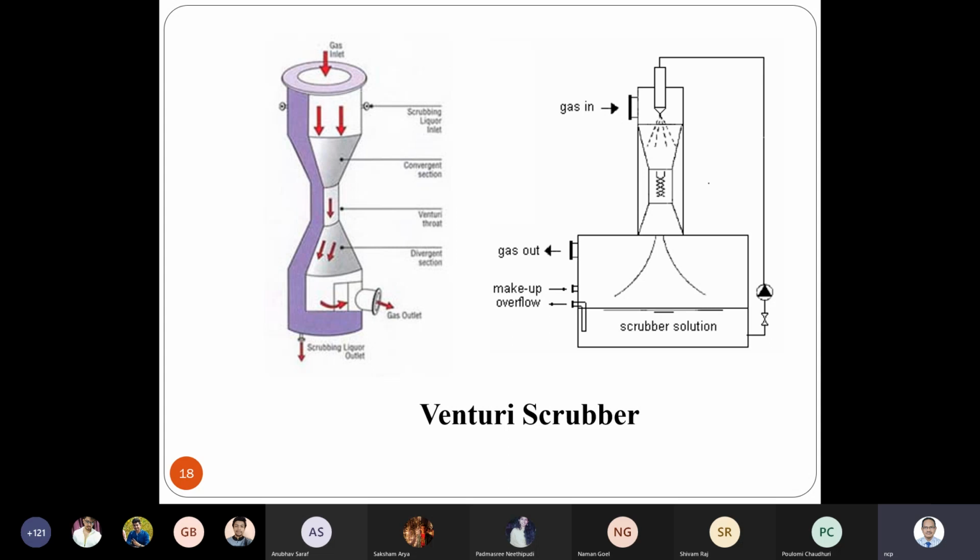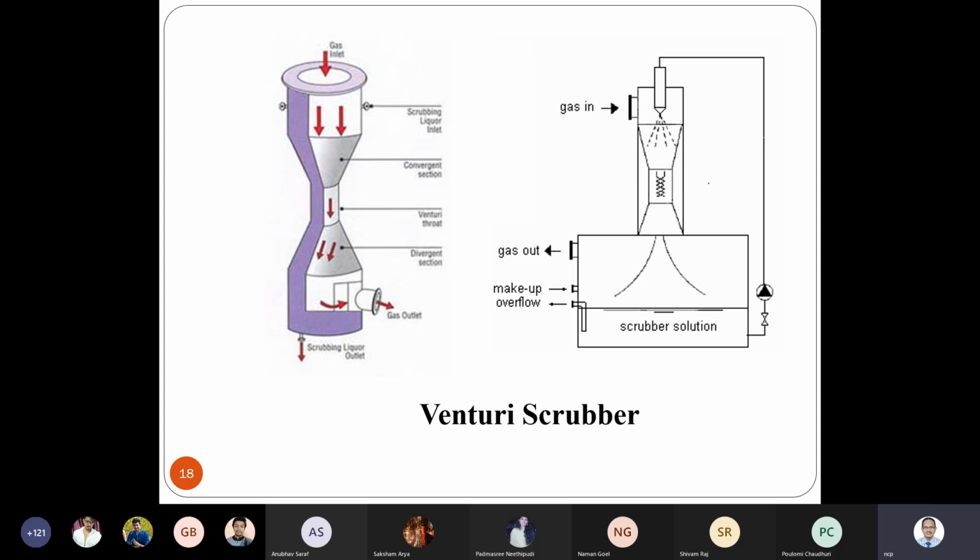We can recycle this for effective utilization, and the gas is taken out. Sometimes there is a loss of water as it mixes with the gas stream, so we need to add makeup water or makeup liquid, and there is an overflow arrangement. These things will be there.